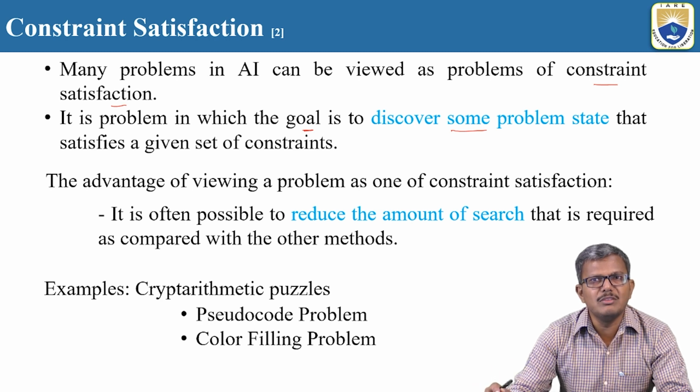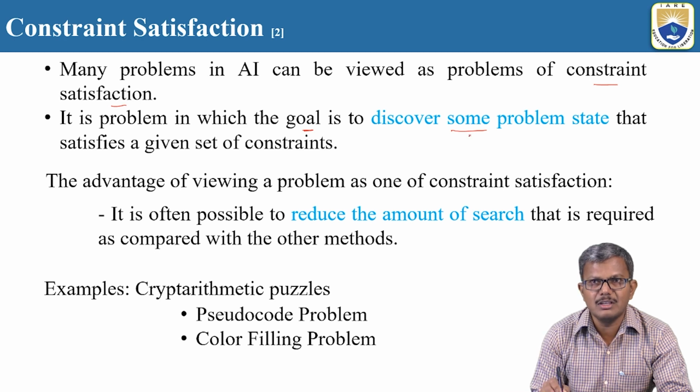It is a problem in which the goal is to discover some problem state. It does not mean that we are going to get the solution, but it allows us to move towards the solution. That is the important point here. That's why we say that our goal of using this constraint satisfaction technique is to discover some problem state. What this problem state tells us means we are moving towards the solution.